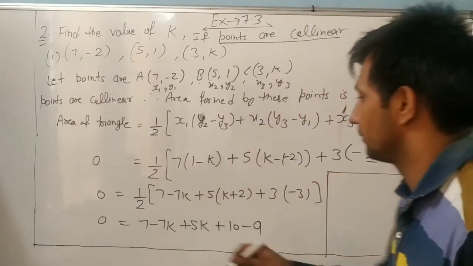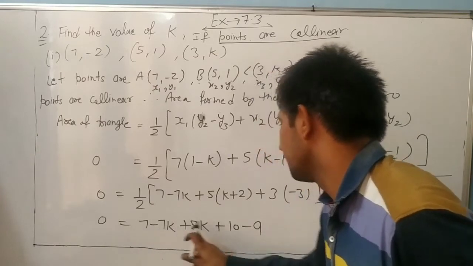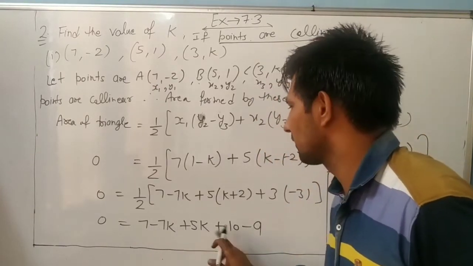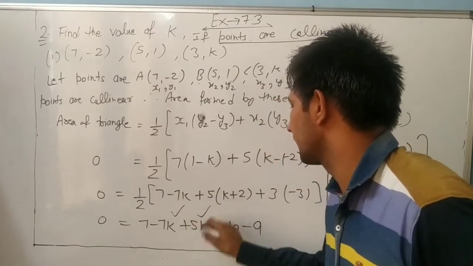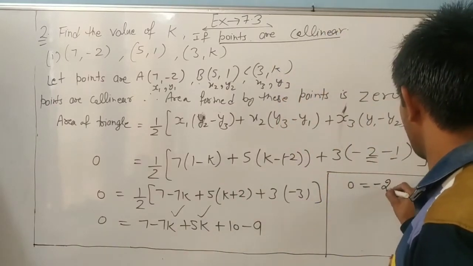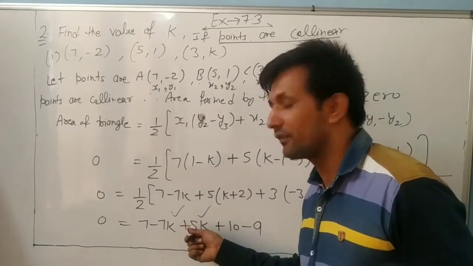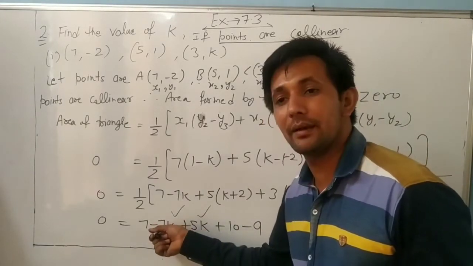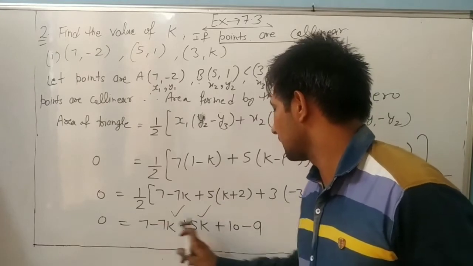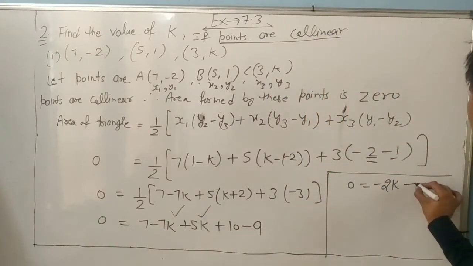So look here: 0 equals 7 plus 10, otherwise first you can add them. k: -7k plus 5k, how much? Minus 2k, or not? Both are like terms. 7 minus 5 is 2, and put the greater sign, minus 2k. 7 plus 10 is 17, 17 minus 9 is 8, plus 8.